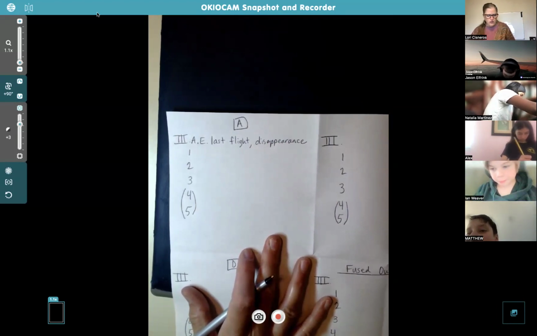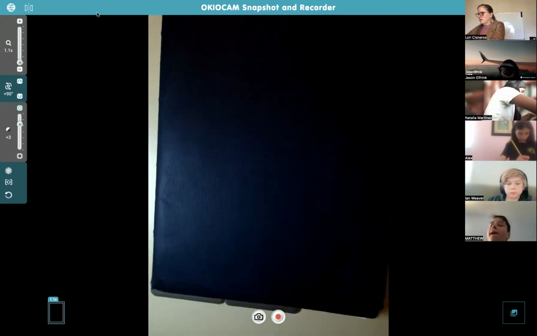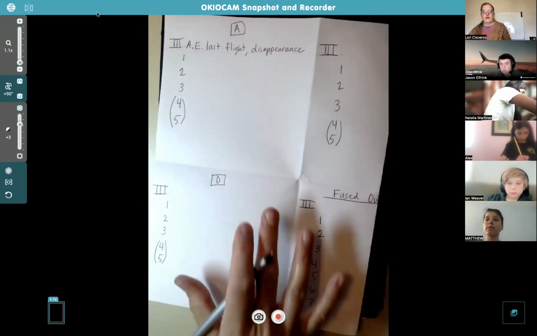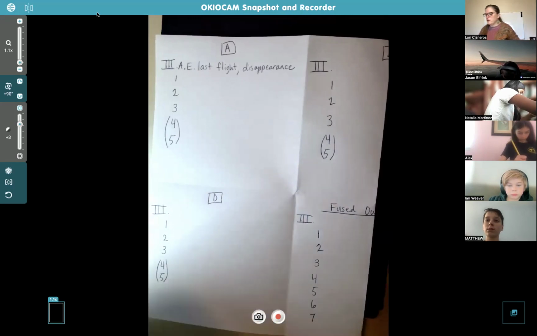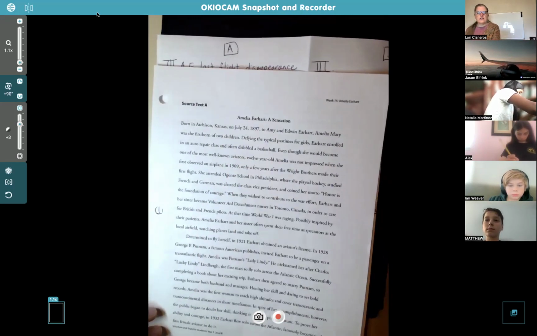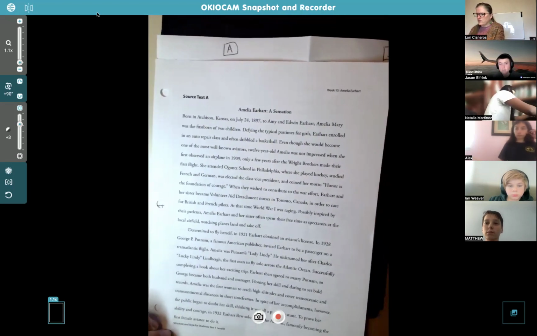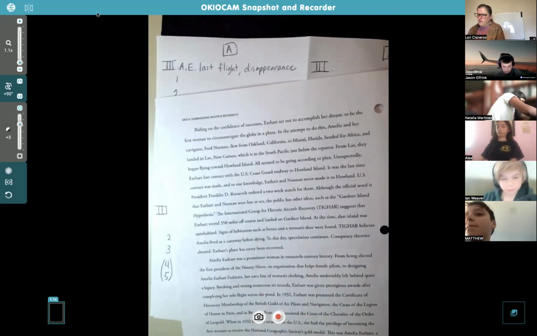So you're going to get out your source text A to go with keyword outline A. That's going to be this one on page 143 called Amelia Earhart, A Sensation. That's on 143. This is A. And then you're going to skip to the paragraph on the back.